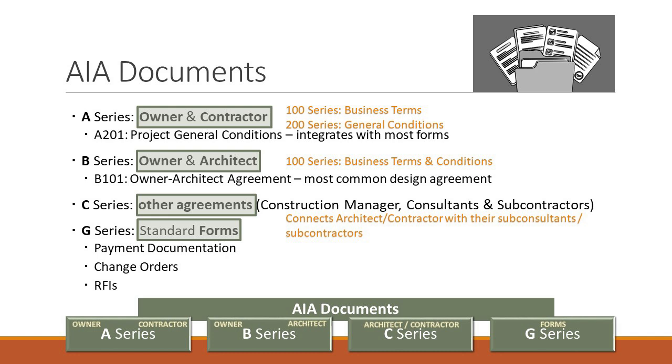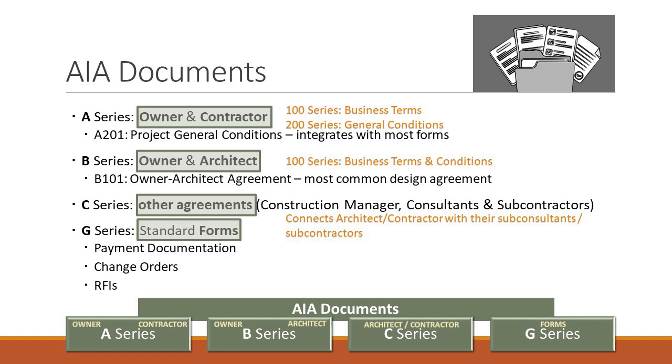It says what the architect's going to do, here's the schedule for the architect, here's the payment, and here's what the scope of work for the architect is, and that's schematic design, design development, those types of things, which you guys remember from our lecture, the B101. So, structurally, traditionally the A series are two documents, and the B series are one document. Now, there are a couple of places in the A series where it's a single document. We'll talk about that in a little bit, but by and large, think about two documents.